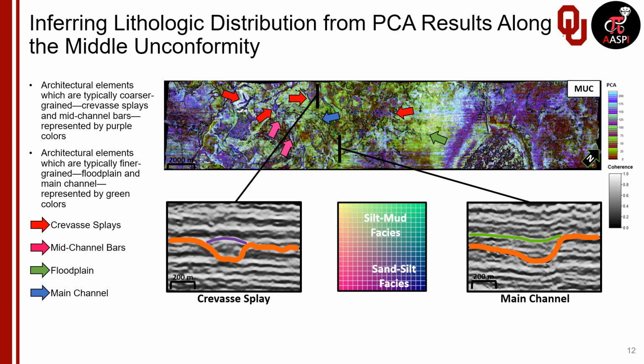Whereas over here, with this cross-section on the right-hand side, we've got that sagging, which is a little more typical of silt and mud facies at these very shallow depths. That's one way we can take these PCA analyses and give them some lithologic meaning, besides just seeing the patterns and the geomorphology of the channel features themselves.